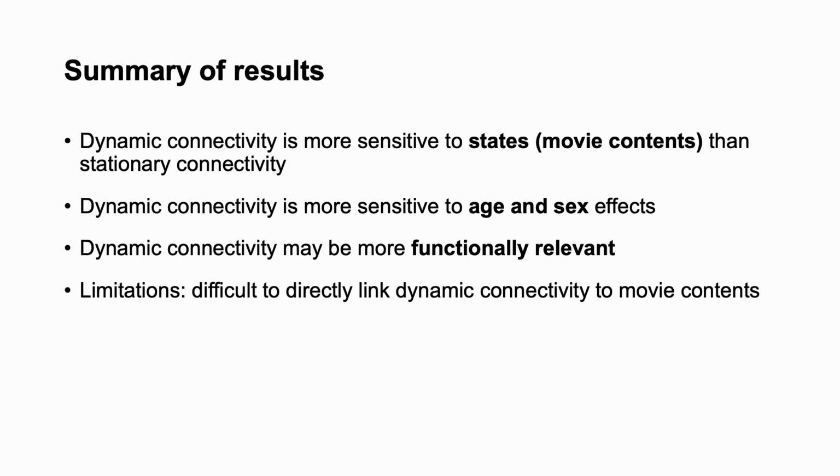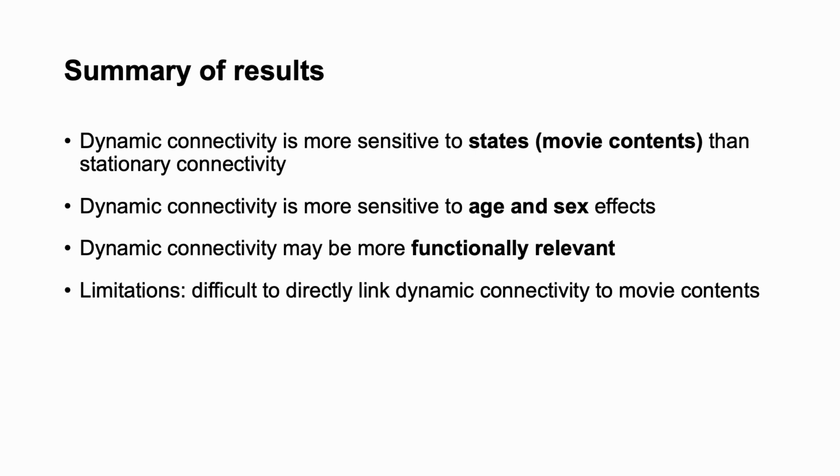So the dynamic connectivity is more sensitive to states, the movie content, than stationary connectivity. The dynamic connectivity is more sensitive to age effects and sex effects. The dynamic connectivity may be more functionally relevant. However, a limitation is the difficulty to directly link dynamic connectivity to movie content.